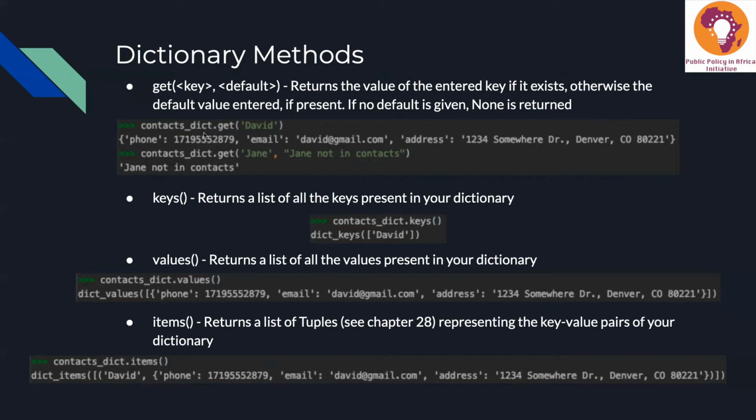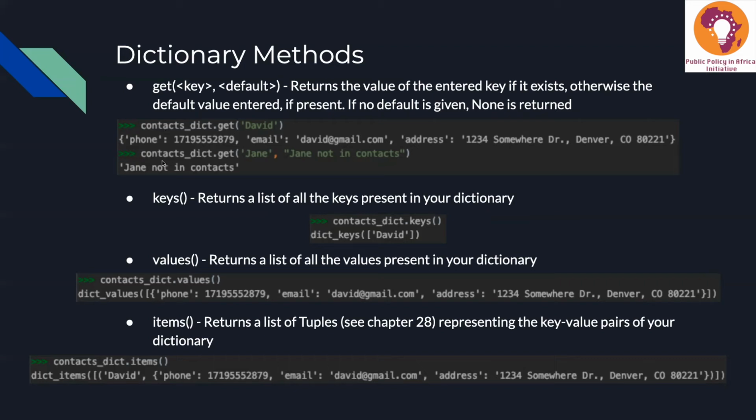So in this particular case, I have my contacts dict, and I want to get the contact information for David. So I do contacts dict dot get, so calling the get method on my contacts dict using dot notation, and in the parentheses, I pass the key David. What that returns is the dictionary that I had entered before, the value for the David key in the contacts dict.